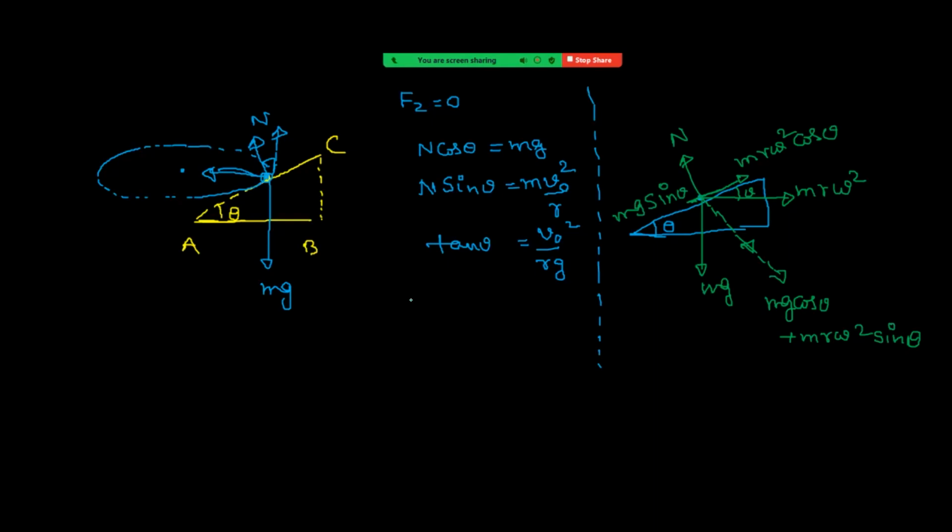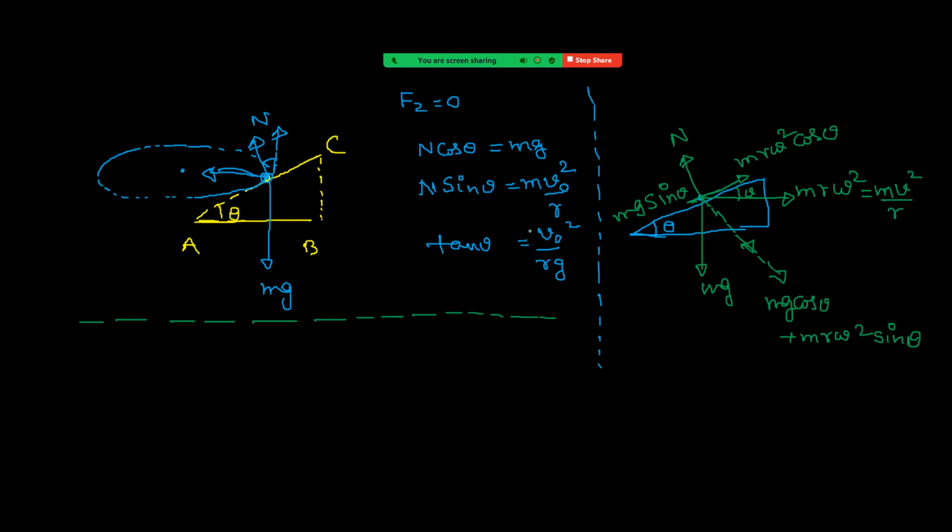Now we want to calculate the maximum speed and minimum speed. Let us see how to get it. When speed is equal to v naught, I have taken here m r omega square; let us take in its place m v square by r, because we want to get the speed, right?